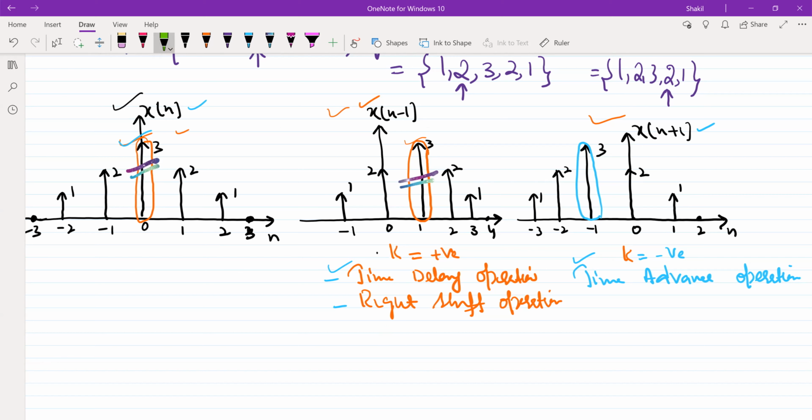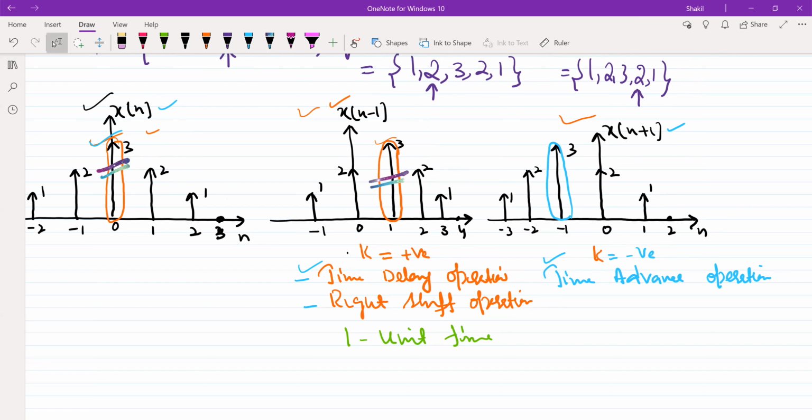So this is a time delay operation of 1 unit of time. Now let's concentrate on this sequence x of n plus 1.